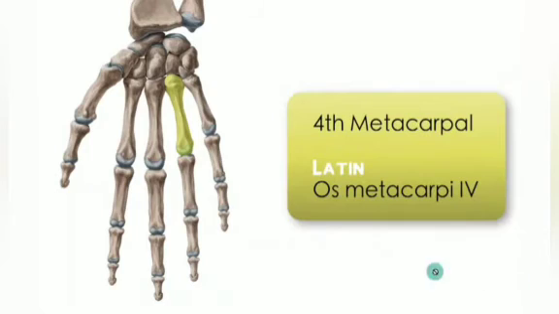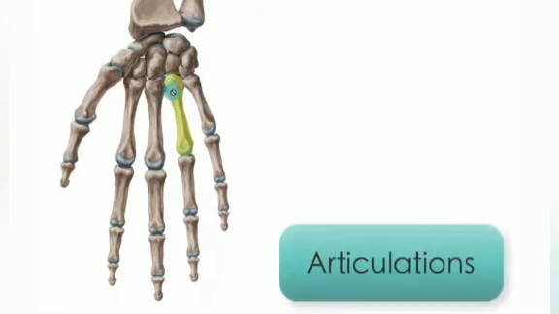Now let's move on to the fourth metacarpal, which is in the direction of the annular, also known as the ring finger. In terms of articulations, if we look at the proximal view, there is an articulation with one carpal bone, the one that has a hook, remember, the hamate. So the hamate articulates with the base of the fourth metacarpal.